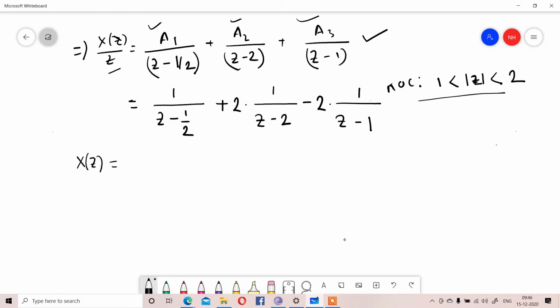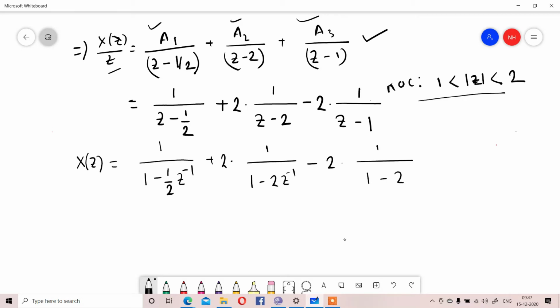Xz will be, if we move z to that side and write in the inverse form, 1 by 1 minus half z inverse, plus 2 into 1 by 1 minus 2 z inverse, minus 2 into 1 by 1 minus z inverse.